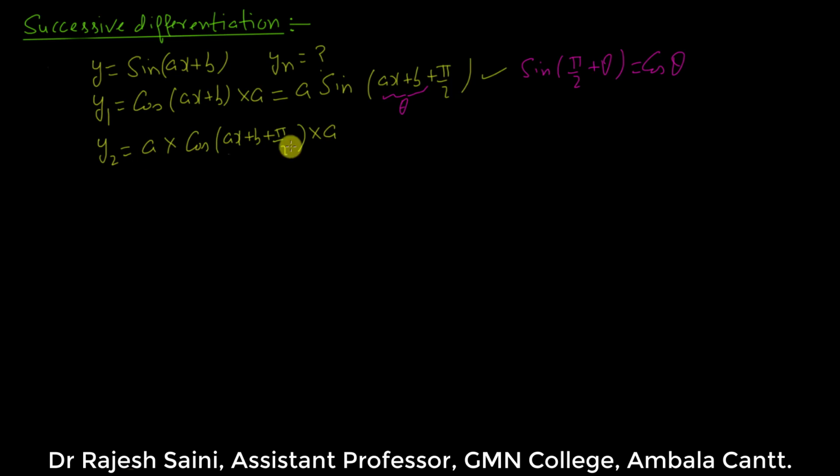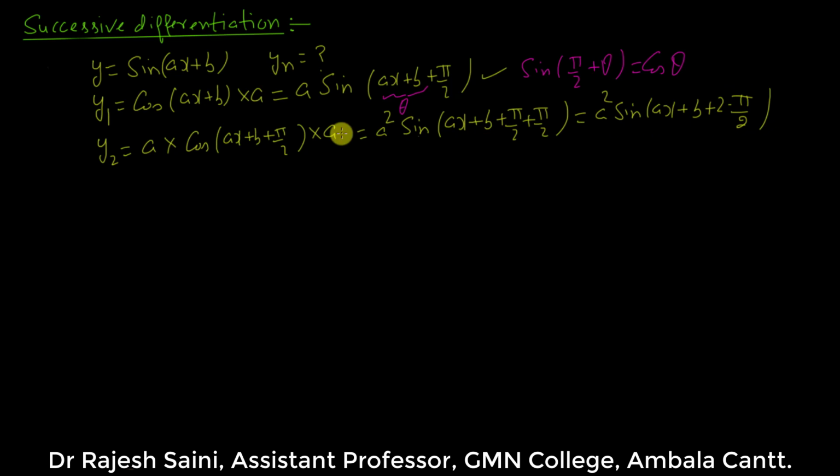Fine, a into a will be a square, and once again I will convert it into sine so that we could generalize: plus pi by 2 and plus pi by 2 is nothing but a square sine(ax plus b plus twice of pi by 2). So this will be the second differentiation.